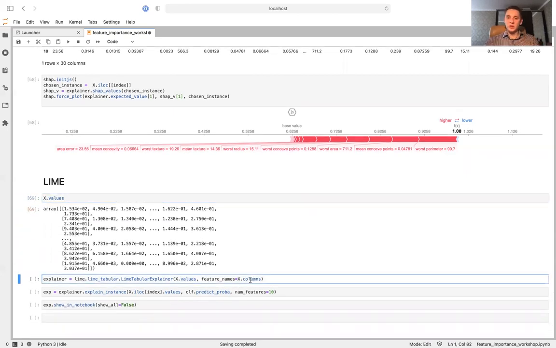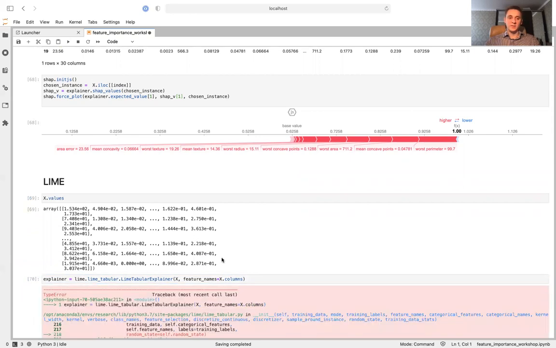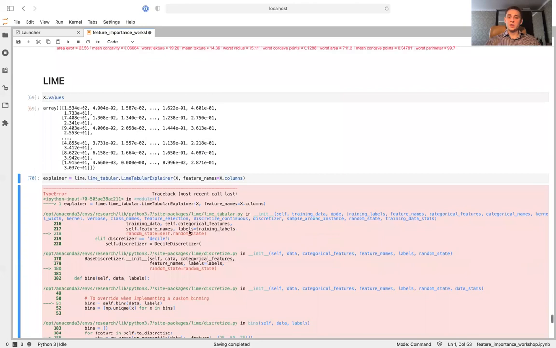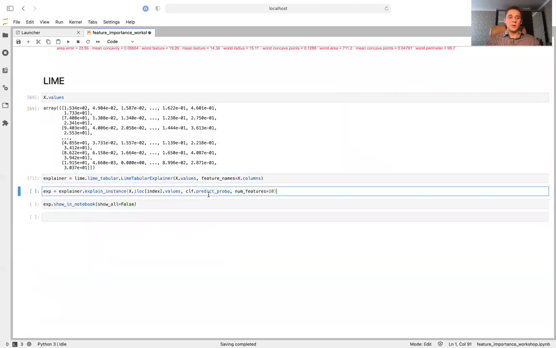LIME will do all the work for you. If we just pass our matrix of X as a pandas data frame, the LIME explainer would generate an error. So let's pass values. We have created the explainer, and now we create the instance.